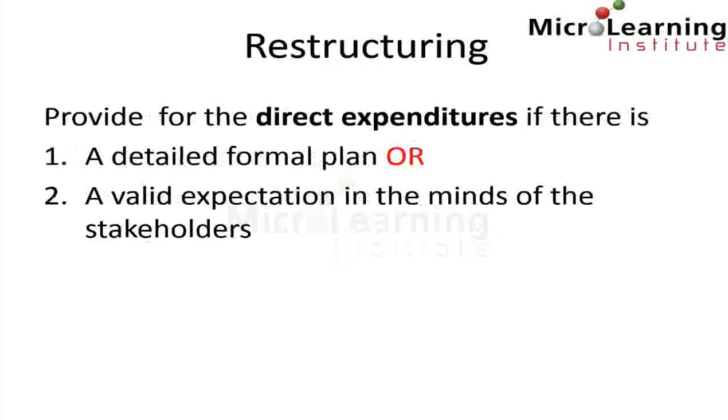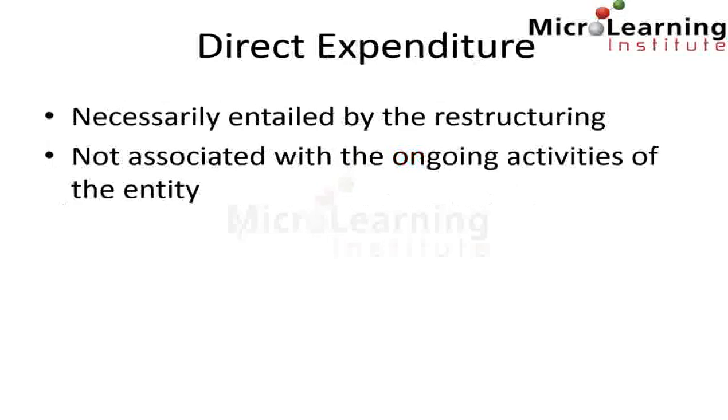IAS 37 states that we provide for the direct expenditures of the restructuring if there is either a detailed formal plan or a valid expectation in the minds of the stakeholders. Direct expenditure in this case refers to the expenditures necessarily entailed by the restructuring, and not to expenditures associated with the ongoing activities of the business.